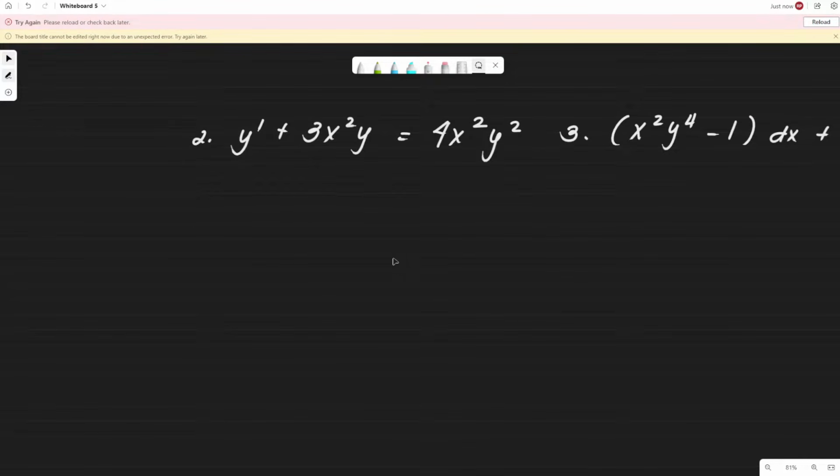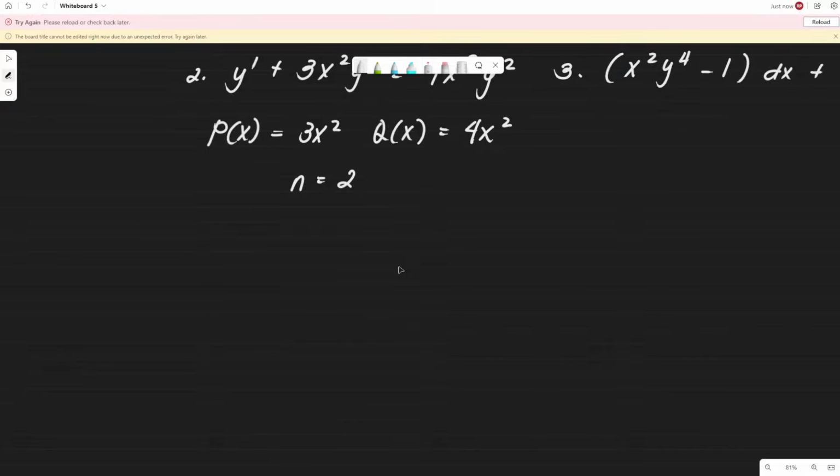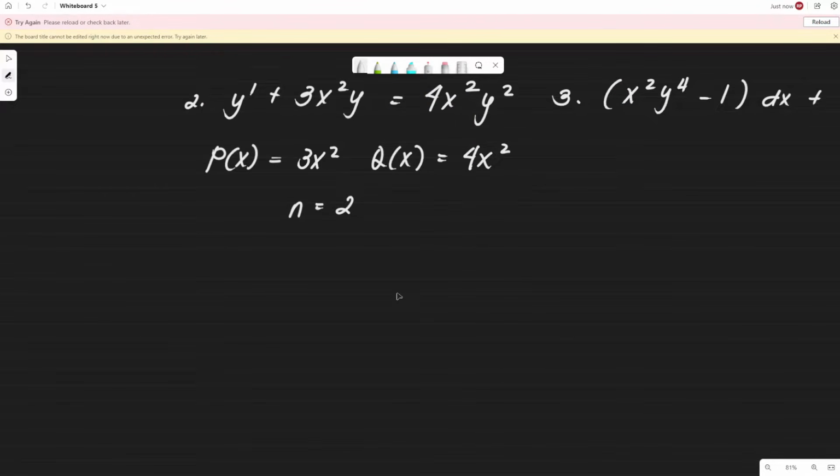So we have y prime plus 3x squared y is equal to 4x squared y squared. So this is also in the form of Bernoulli, no? It's already in Bernoulli form. So just identify what is p of x. Of course, that is 3x squared. What is our q of x? That is 4x squared. And our n is 2. Okay, so those are our parameters.